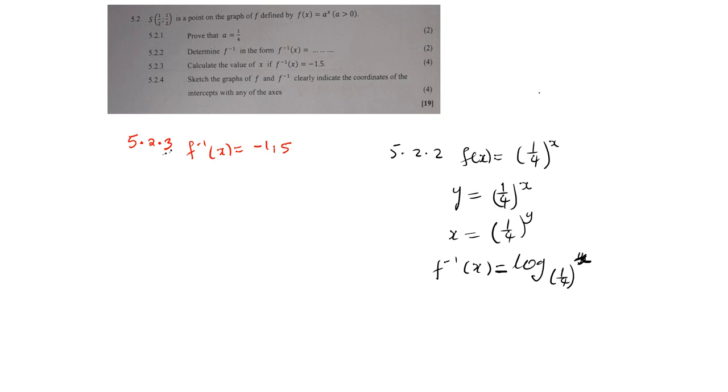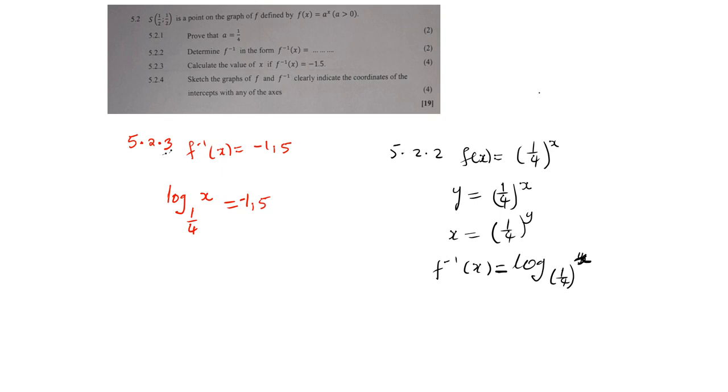Now we will check what is negative 1 comma 5 in terms of fractions, because it seems like we are dealing with fractions here, but it's fine, we'll get to that. We'll have log of base 1 divided by 4 exponent x equal to negative 1 comma 5, sorry.